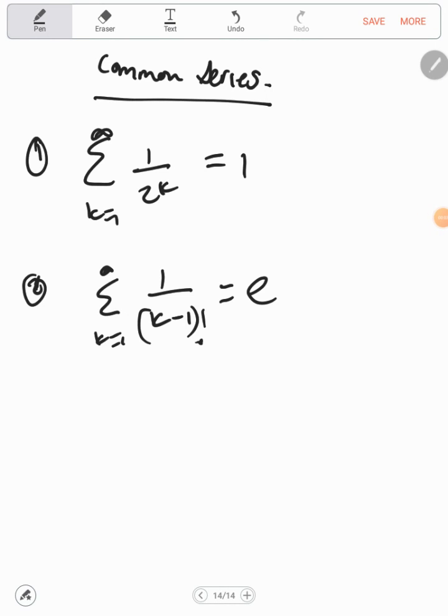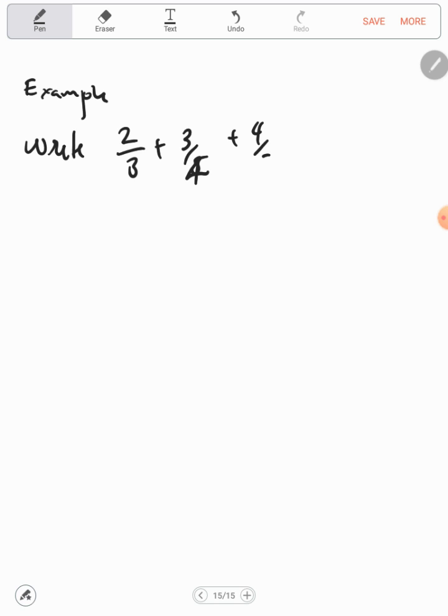Okay, so we continue. We can be given terms of a series that we need to put into a summation form. So if you are asked, for example, write 2/3 plus 3/4 plus 4/5 plus 5/6.